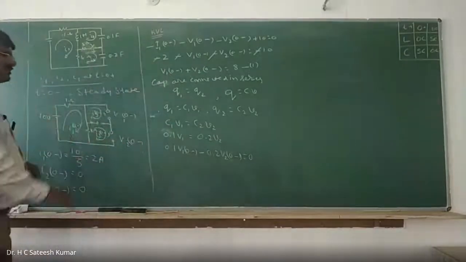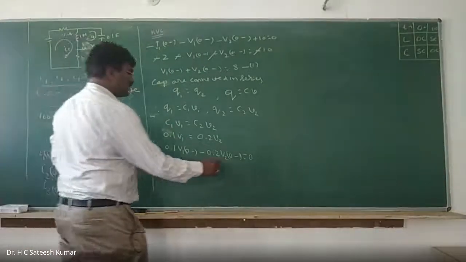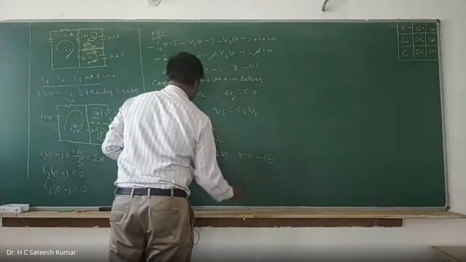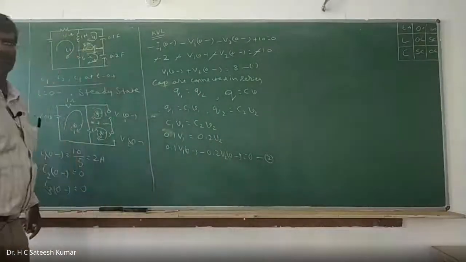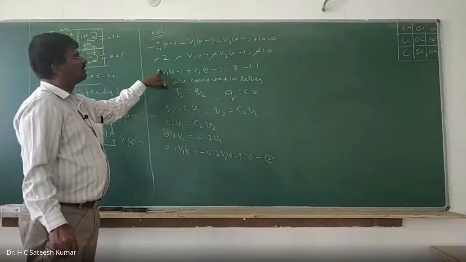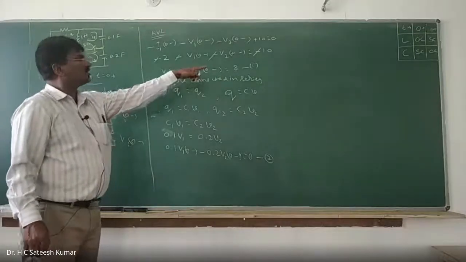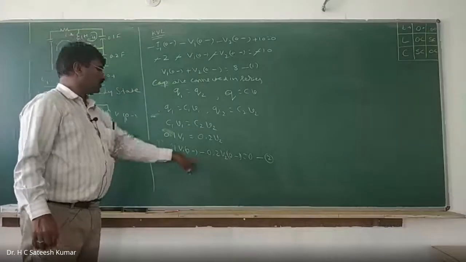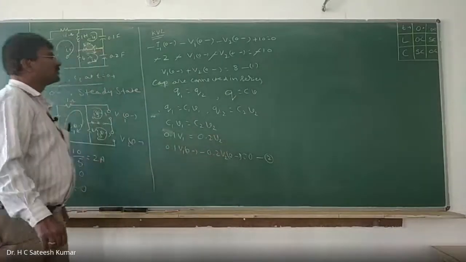Transfer to left hand side. Now you solve these two equations. You will get V1 0 minus and V2 0 minus. V1 0 minus coefficient is 1, here also 1, and that is 8. And here 0.1, minus 0.2, 0.